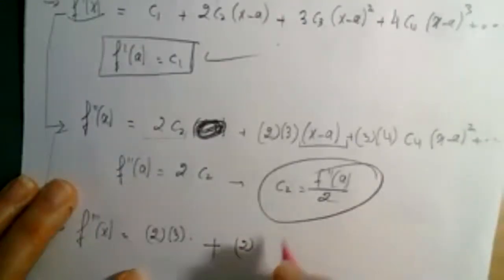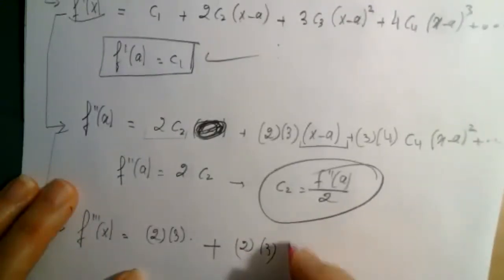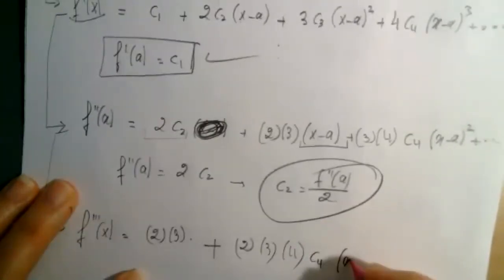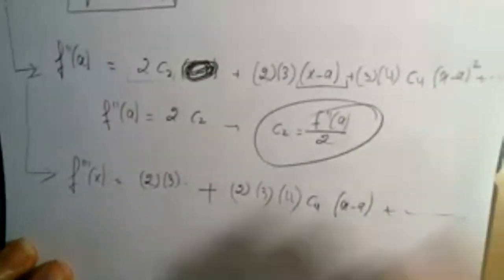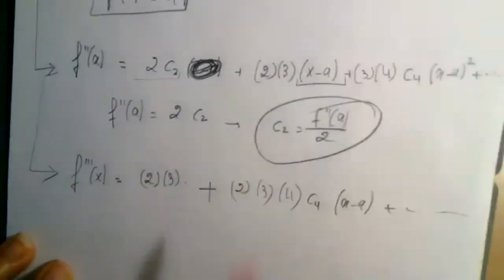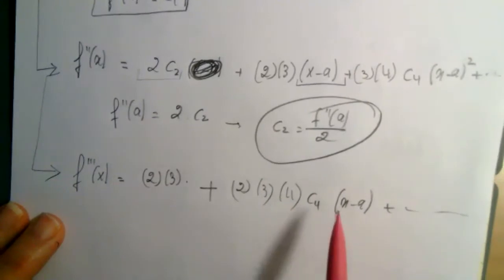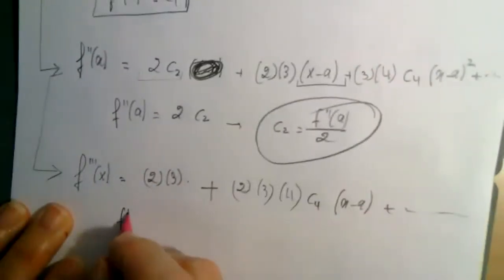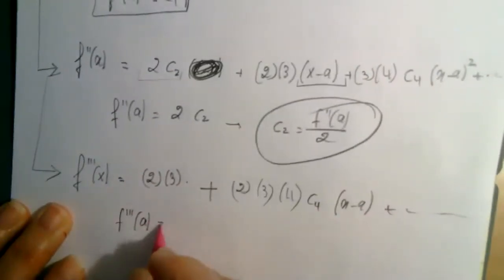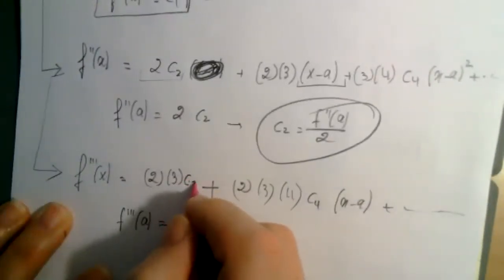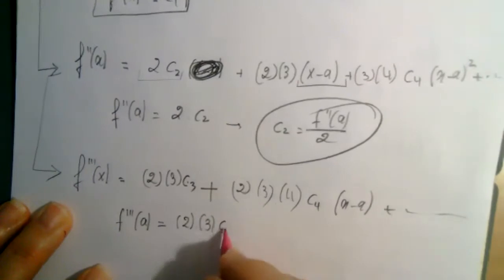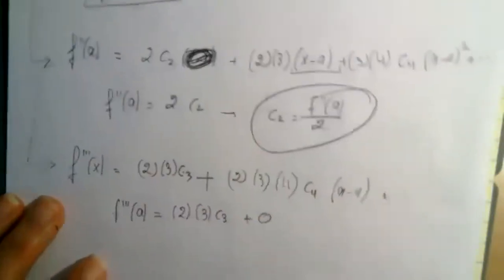It's 2 times 3 times 4 times C4 (x minus a), and etc. I plug in x equal to a both sides. What am I going to get? The third derivative at a will be equal to 2 times 3 C3 plus the rest is 0.